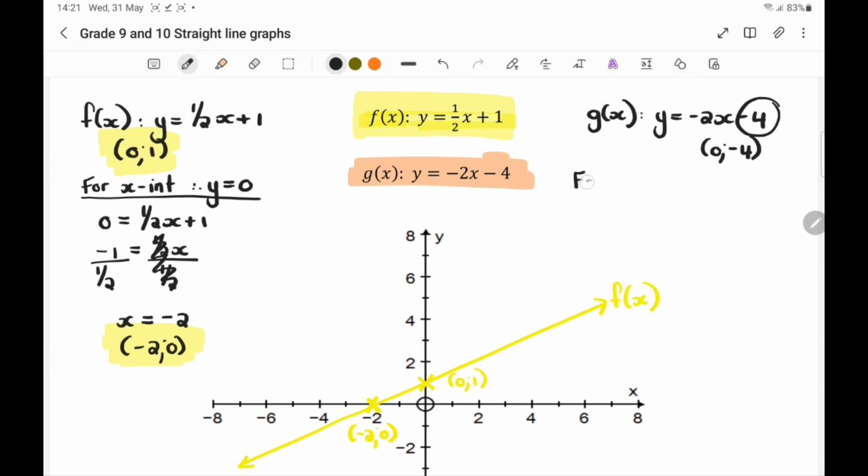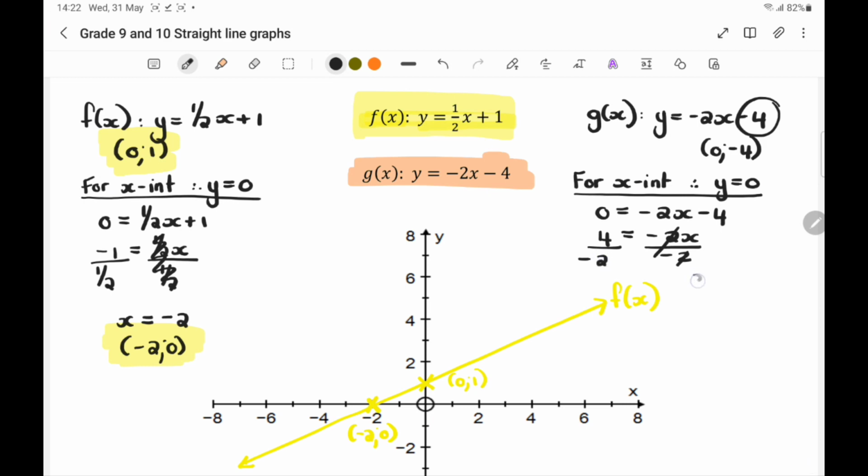And then we're going to say for the x-intercept, thus y is 0. And then you're going to have it like that, -2x minus 4. When you bring the -4 over, you add 4 on each side, divide by -2, and you get x is -2.